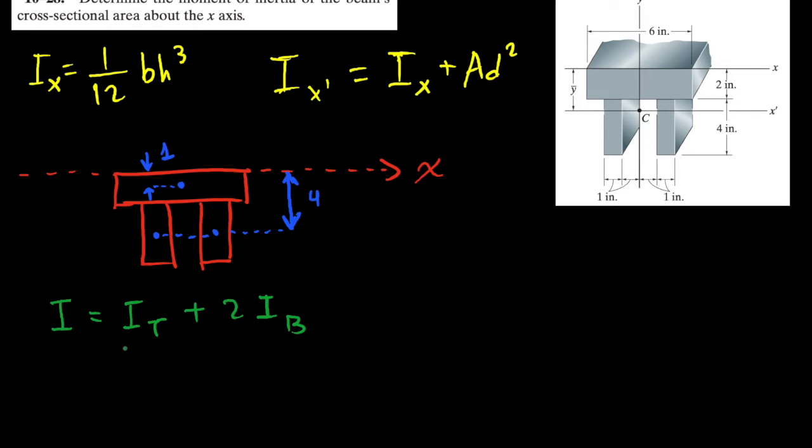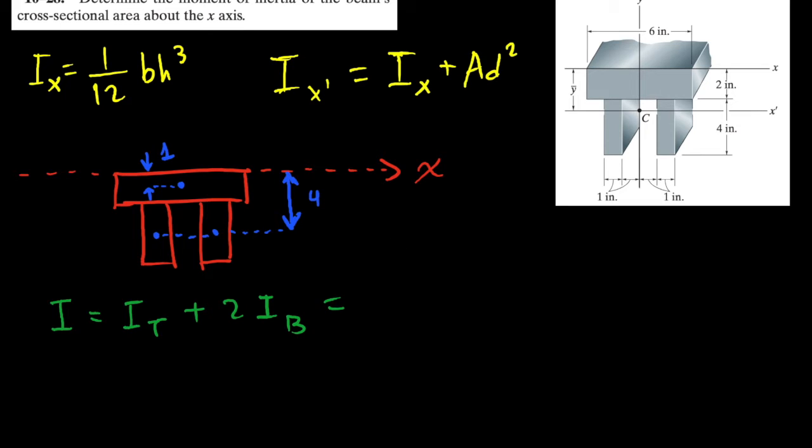Now let's rewrite this by substituting the values we know to calculate a numerical value for I sub t and I sub b. For I sub t, we see that the x-axis, or our axis of rotation, does not go through the center of mass. So we will need to utilize the parallel axis theorem.